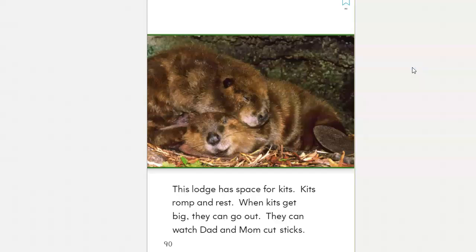We know that kits are baby beavers. We were able to use the information saying when they get big, they romp and rest, and they watch Dad and Mom. So kits are baby beavers.